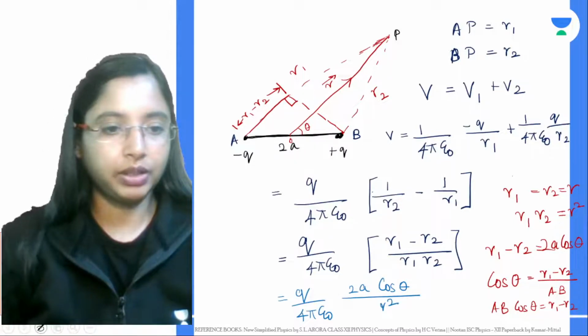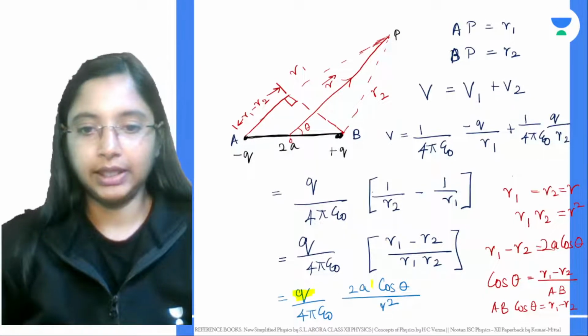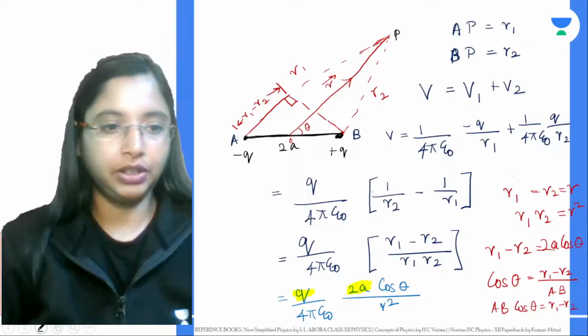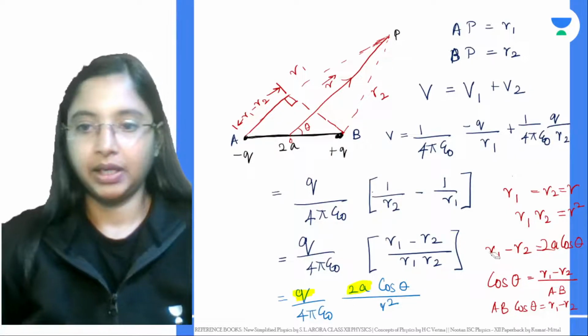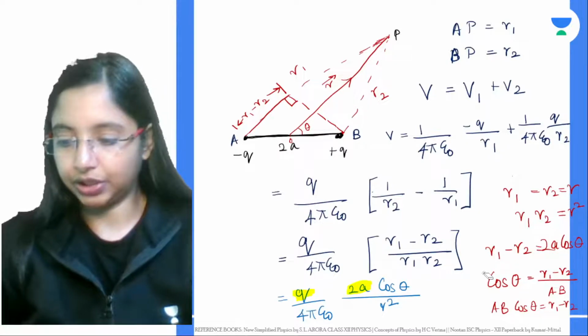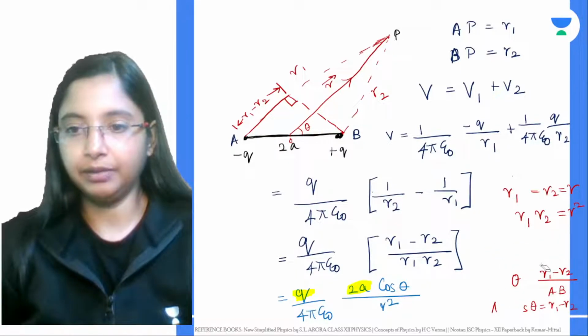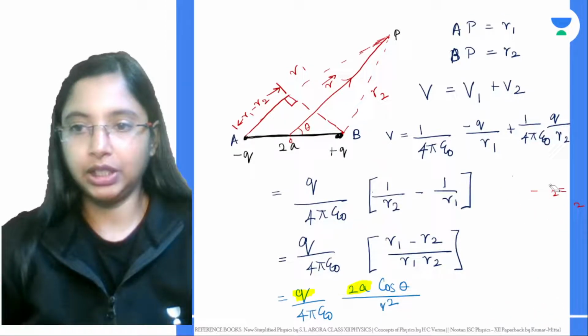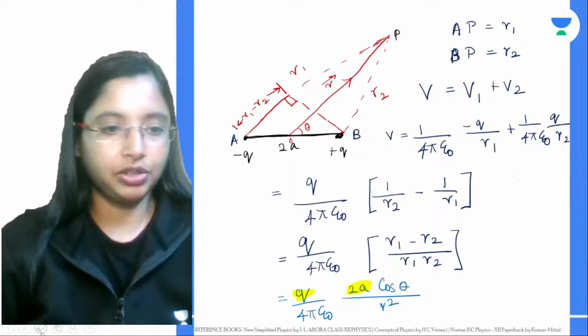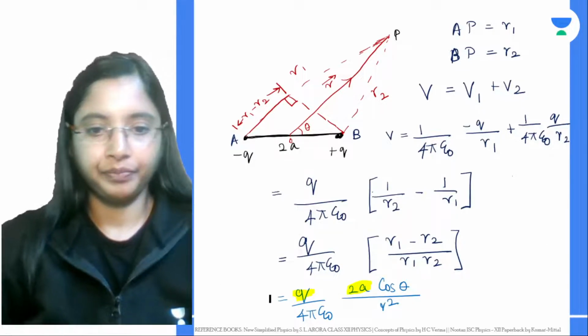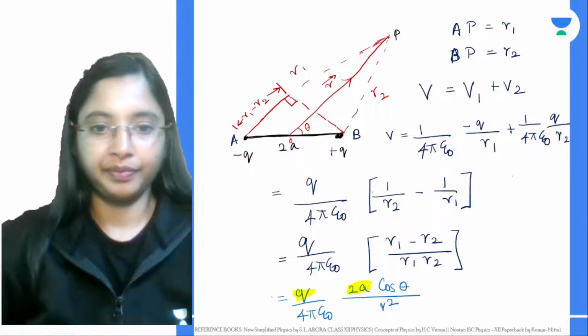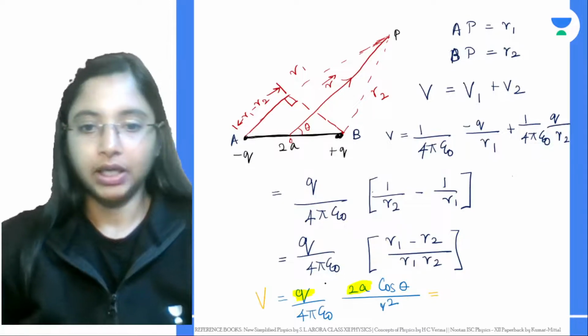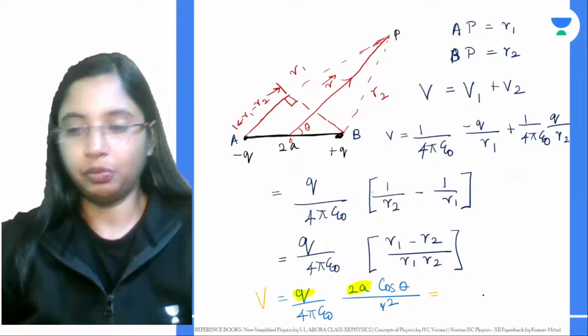Now this quantity that you're seeing, Q times 2A, is nothing but the dipole moment.